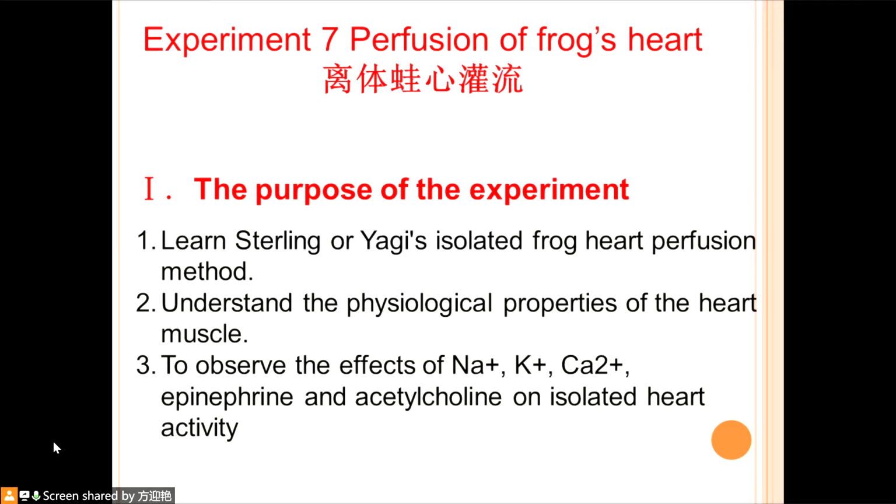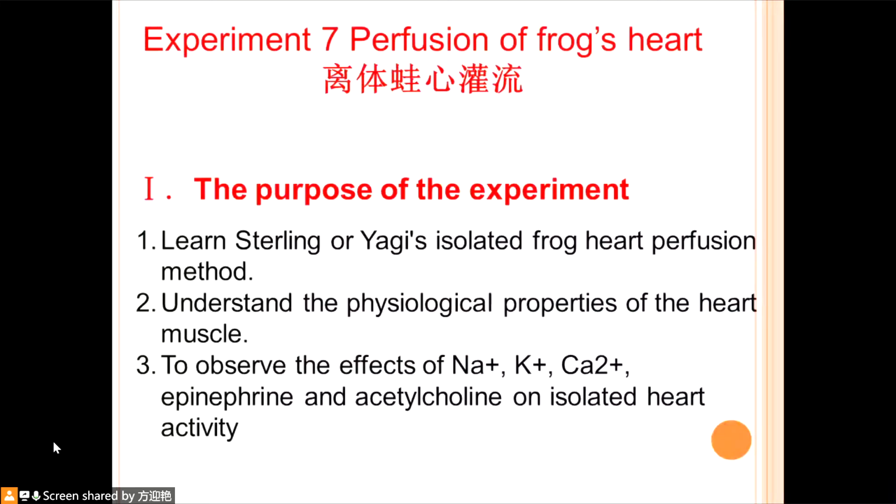We use the frog heart, the perfusion of the frog heart. We know the heart is cardiac muscle. We use the Stannius ligature isolated frog heart perfusion method, to learn how to perfuse the isolated heart.